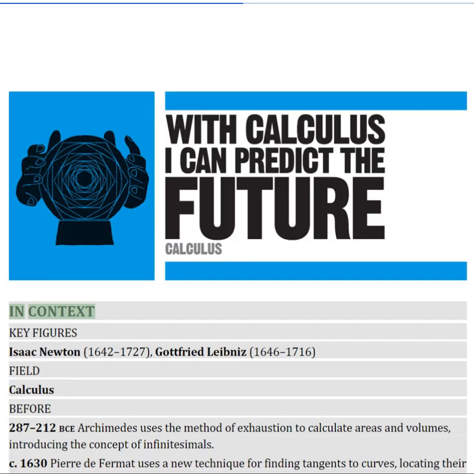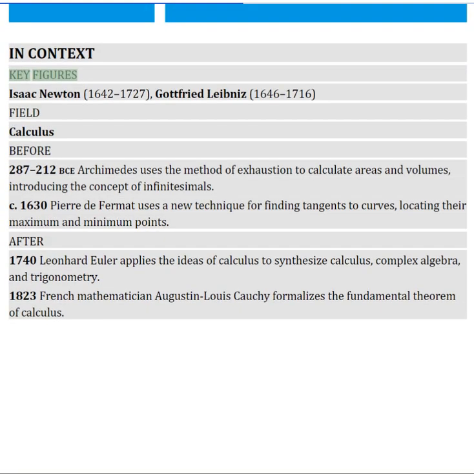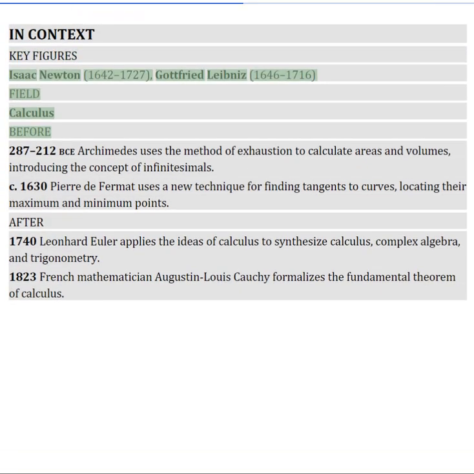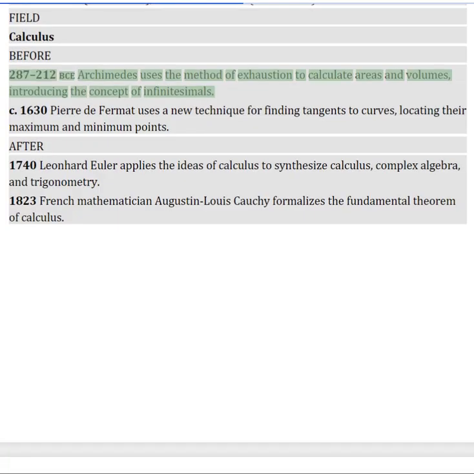In context. Key figures: Isaac Newton, Gottfried Leibniz. Field: Calculus. Before 287-212 BC: Archimedes uses the method of exhaustion to calculate areas and volumes, introducing the concept of infinitesimals.